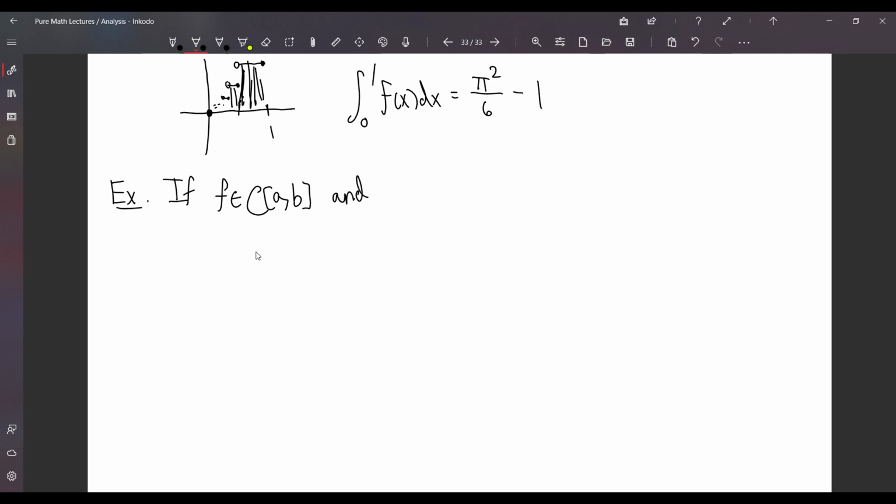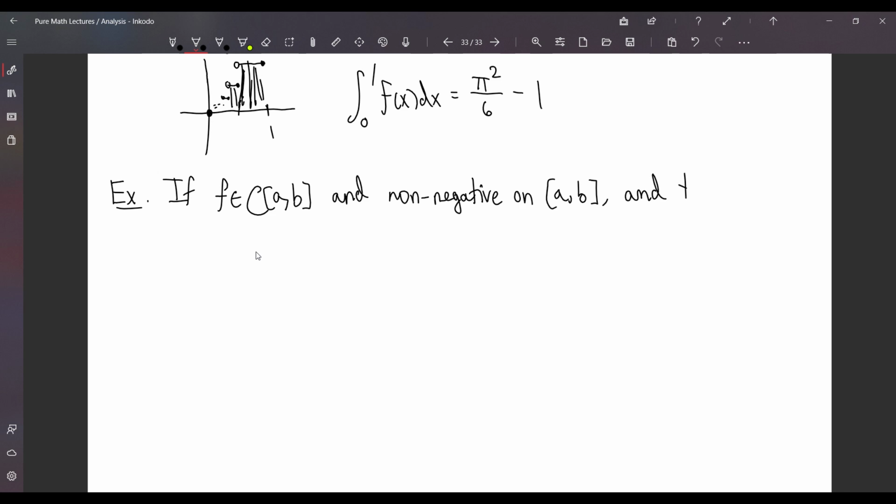And non-negative on [a,b], right? So it's not negative at any point on [a,b]. If I pick an x in [a,b], then f of x is greater than or equal to 0.